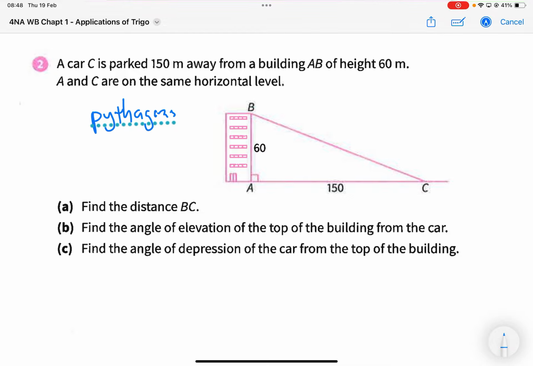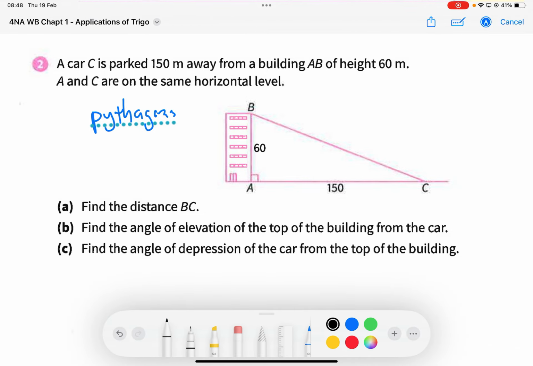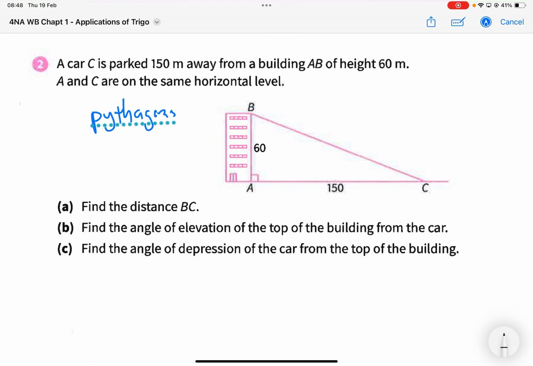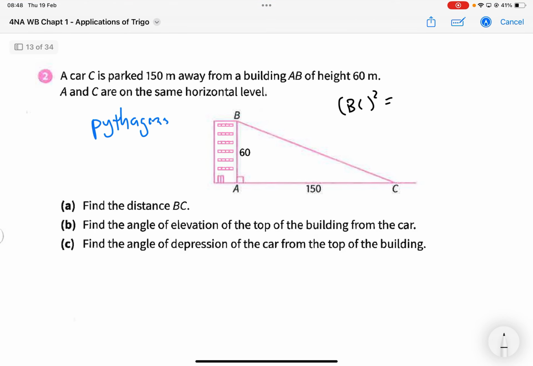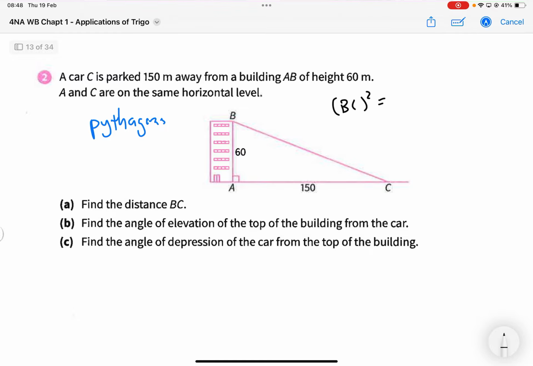Okay, so angle of elevation, angle of depression, always a lot of 90 degrees, a lot of right angle triangle. You will be expected to use a lot of Pythagoras and trigonometry. Okay, distance BC. Pythagoras, I don't really remember by the A, B or C one. I remember by longest. The longest side square is equal to the other two sides square and added together.